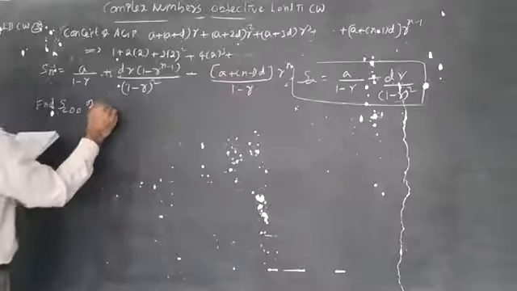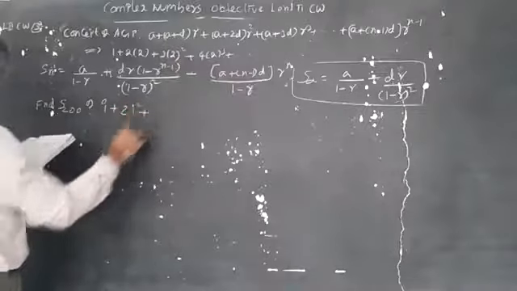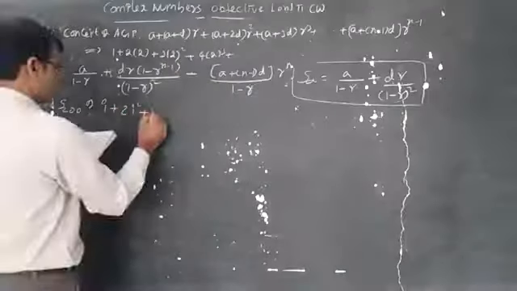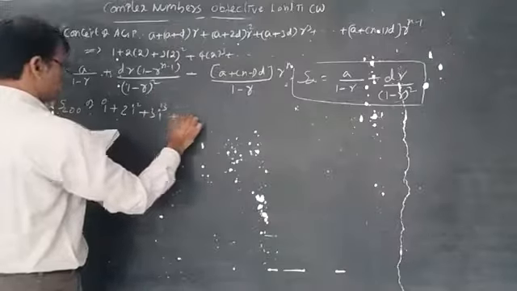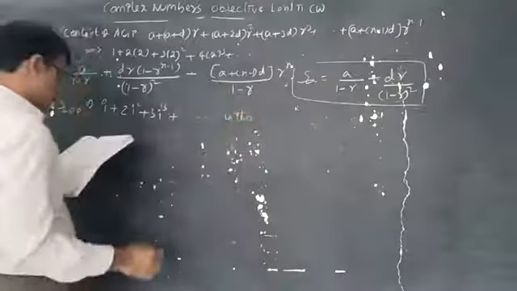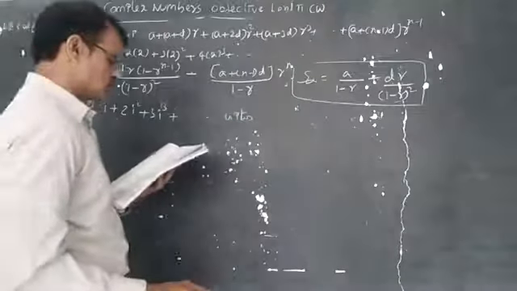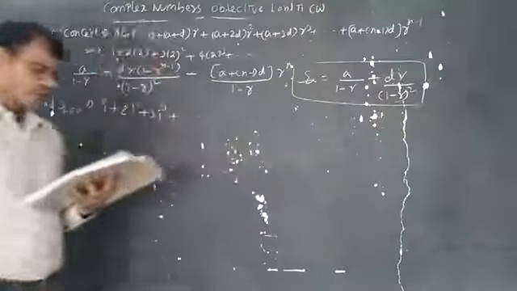S200 of iota plus 2 iota square plus 3 iota cube, and so on up to 200 terms.